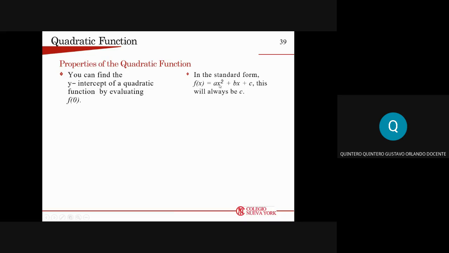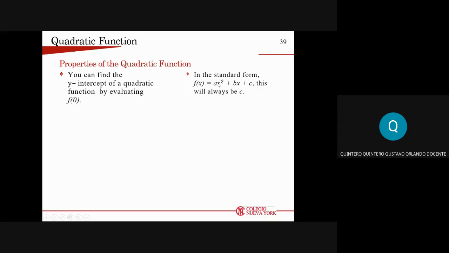Okay, so 0 squared is 0, and a times 0 is 0. So all this expression will be 0. Same thing here. B times x, no matter what the b is, will be 0. So you have 0 plus 0 plus c. Did you see? So if I change x by 0, everything in this equation will be just c. That will be the y-intercept.